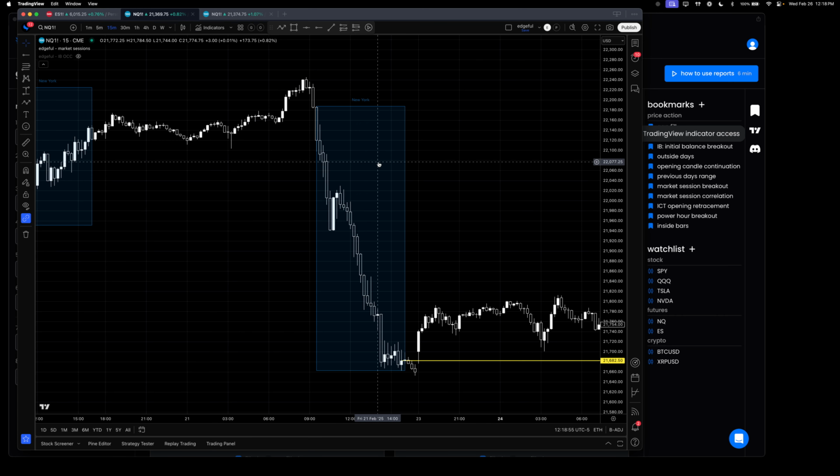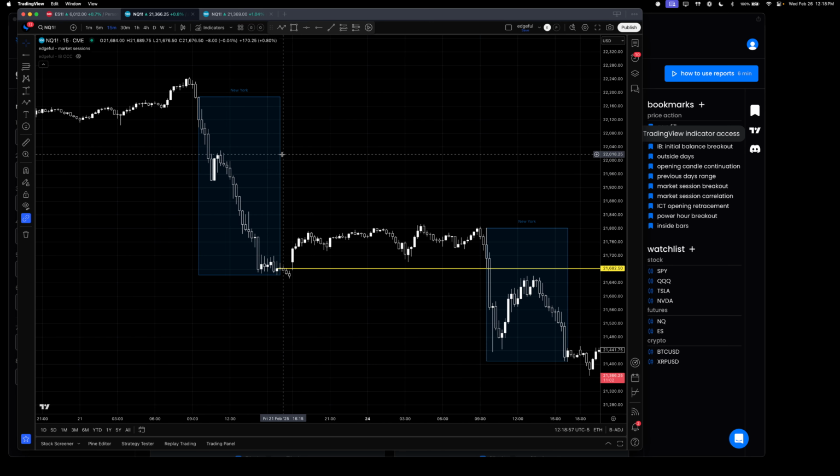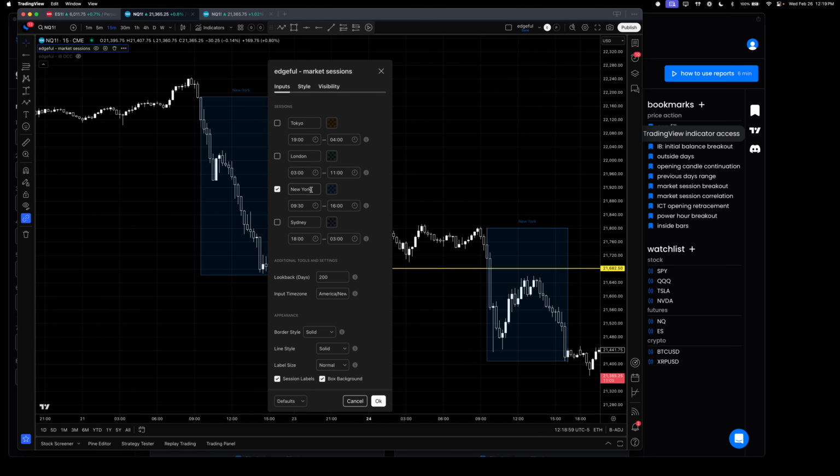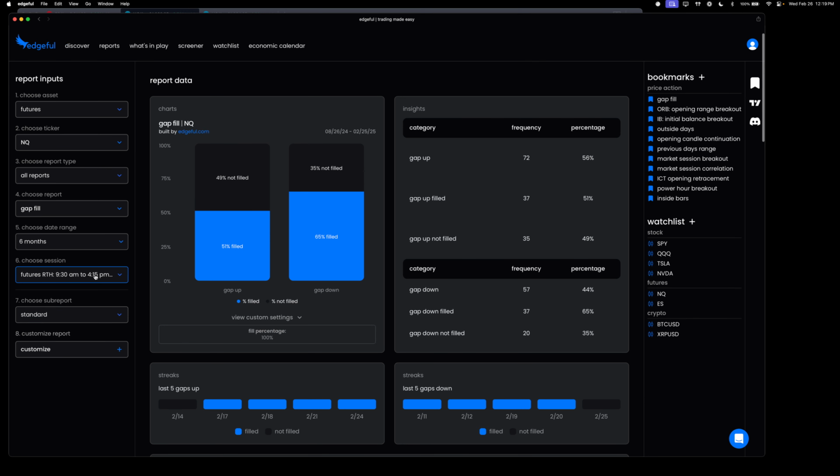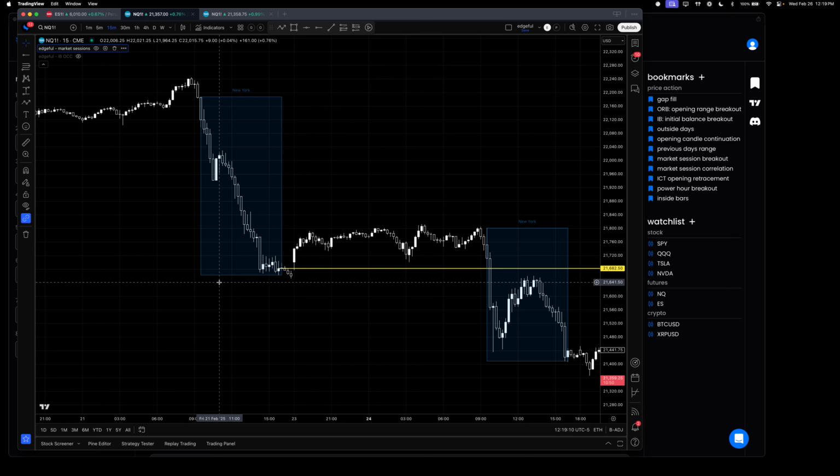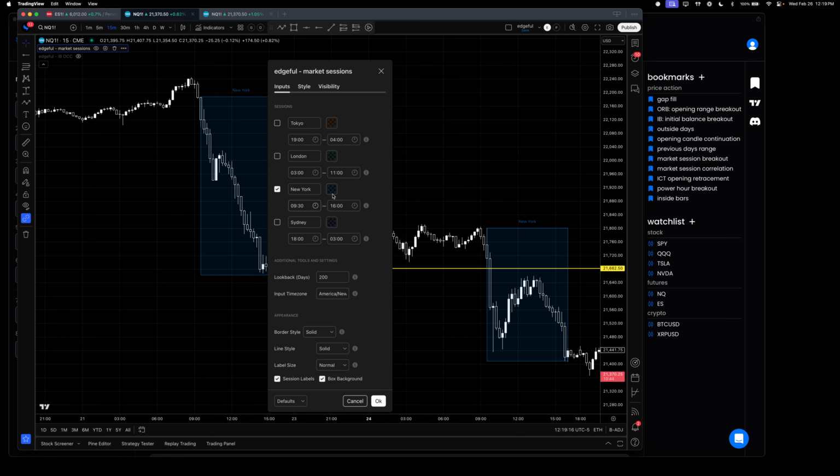Now, the one that outlines the sessions is the market sessions indicator. And what's really important now is that I'm using a 4:15 close, which is going to change my previous session's closing price, obviously. So you see this yellow line here is for my regular 4 p.m. close. Now I'm going to change this to be 4:15.